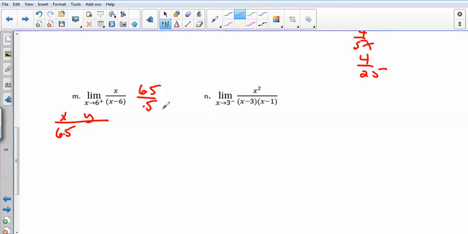Anything divided by half is double it, so that's 13. And if I go to 7, I get 7 over 7 minus 6, which is 1, so that's 7. These values seem to be getting larger as we approach 6. We start at 7, and then we go to 13. So it looks like as x approaches 6, y values are going to positive infinity.